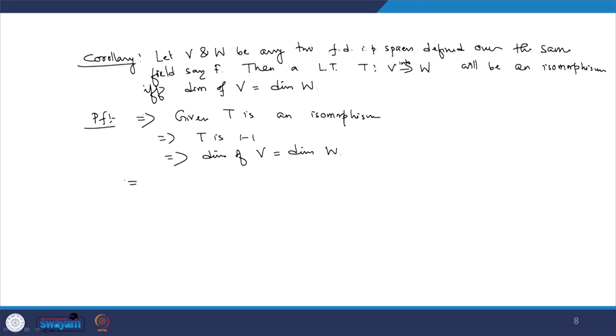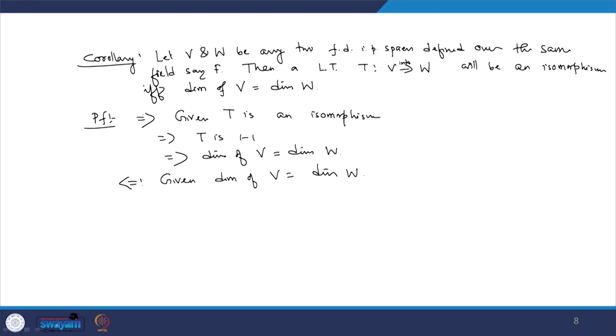Now, the other way, given the dimension of V equal to the dimension of W. I have to show that there exists a linear transformation from V into W which is 1 1 and onto and preserves the inner products.